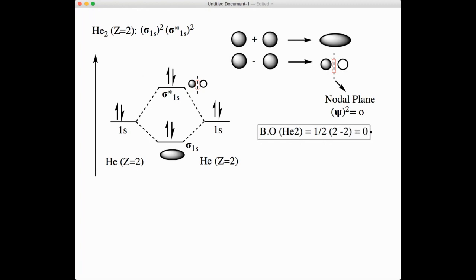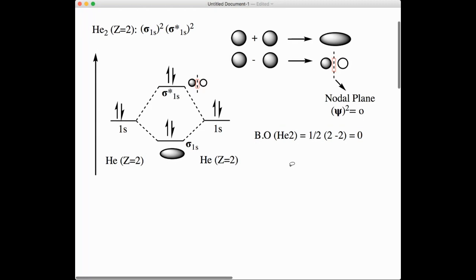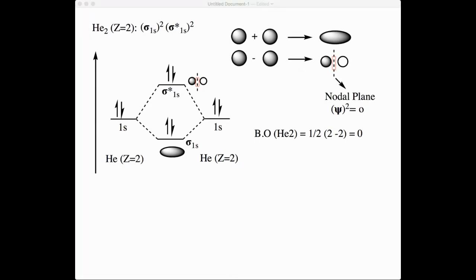So the bond order for He2 is 0, which basically means that it's very unlikely to find an He2 molecule in nature. Okay, so the dissociation energy of an He2 molecule will be very, very, very low. In different words, it's more stable for helium to exist as single atoms, not as a molecule itself. Okay. Any questions?